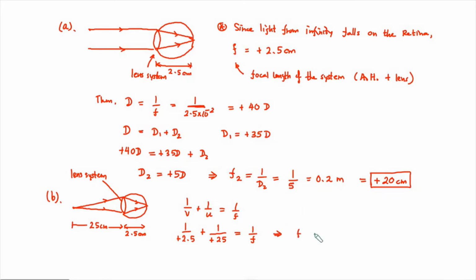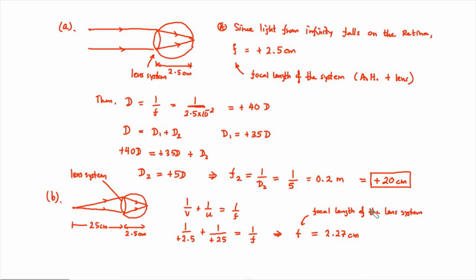In this case you are going to get F as equal to 2.27 centimeters. That's the focal length of the lens system.